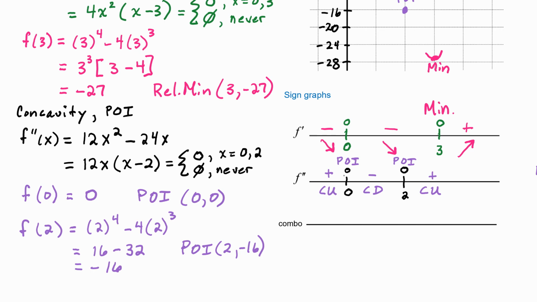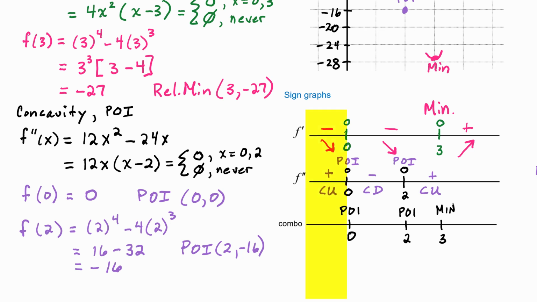So that means we will put x equals 0, which we know is a point of inflection, we will put x equals 2, which we know is also a point of inflection, and we will put x equals 3, which is a minimum.